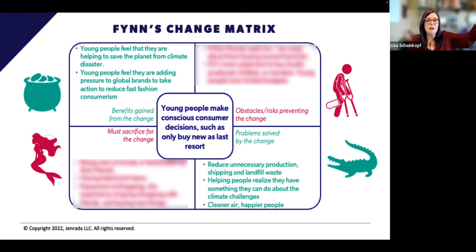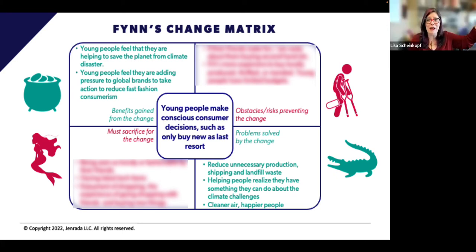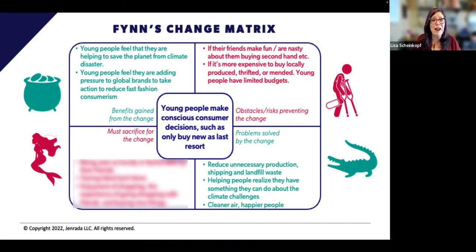But lo and behold, that path is filled with rocks and whatever else, and I'll never be able to make it up there. Maybe I don't have the stamina. I'm not in great condition. Maybe I fall off the mountain and break my leg. So I never get to the change. So this quadrant is asking us, what are those risks and obstacles that would actually block us from getting to the change at all?